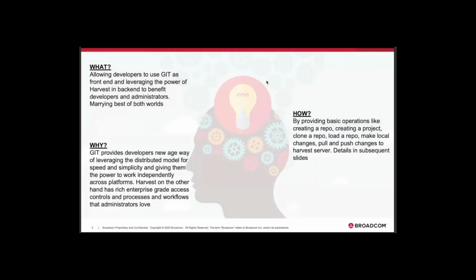That way you don't lose any of the features that you are using in Harvest, like lifecycle management, UDPs, or user management, etc. You don't have to give up on what you are enjoying with Harvest right now and still let the developers use JIT as their front-end development tool.